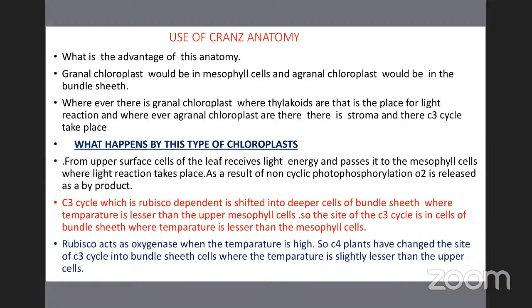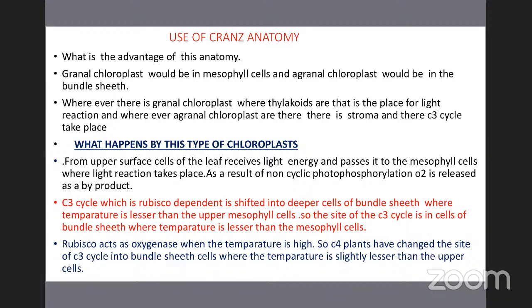That means this granal type of chloroplast definitely helps in receiving the sunlight from the upper epidermal cells, traps the sunlight, and helps in running the light reaction changes.